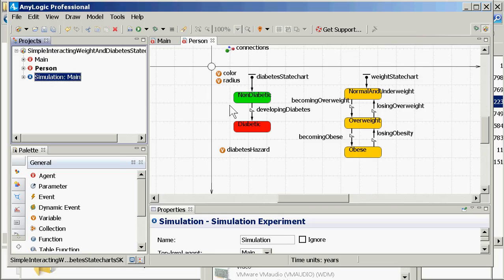And there's two simple tests we could do for that. One would be, everyone here starts normal and underweight. We could set it so that in that state you have no chance per year of developing diabetes. And you'd find still people are becoming diabetic. So that'd be one way to check.